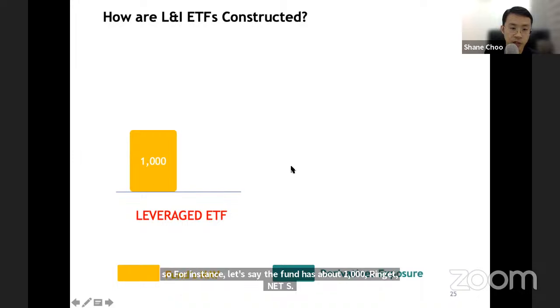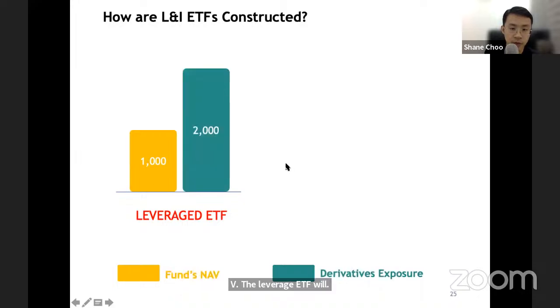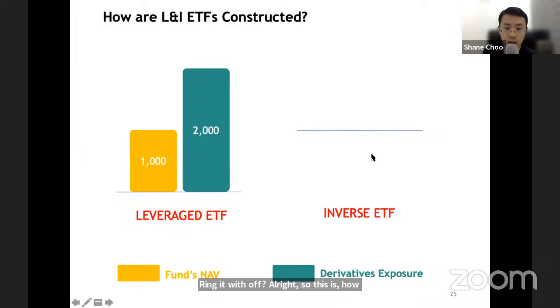The leverage ETF will invest into derivatives that could deliver 2,000 ringgit worth of net asset value. This is how a leverage ETF is constructed.